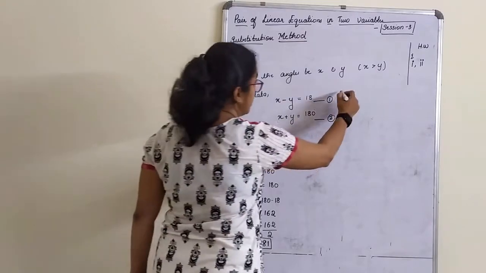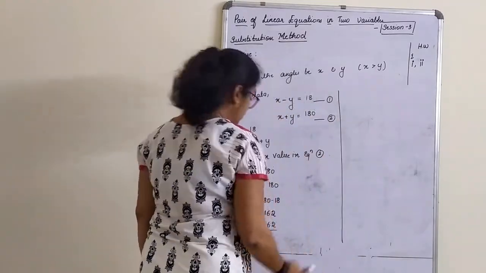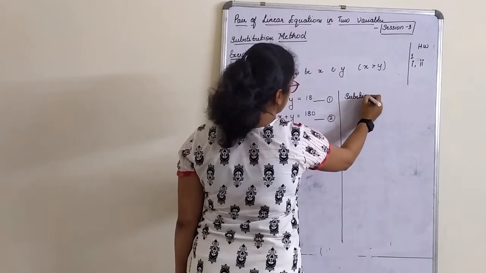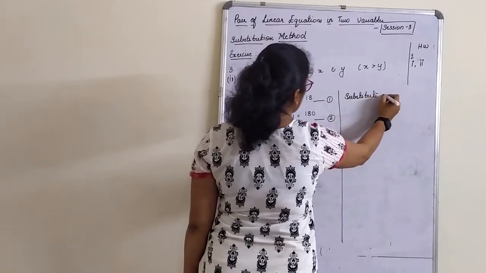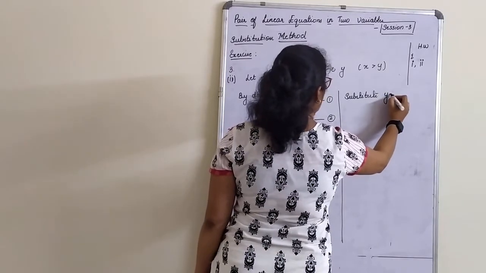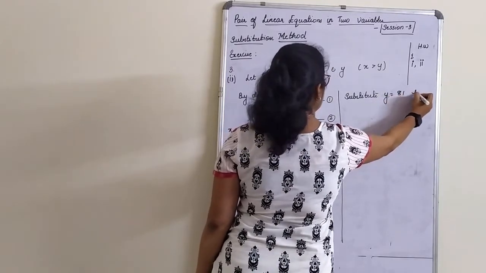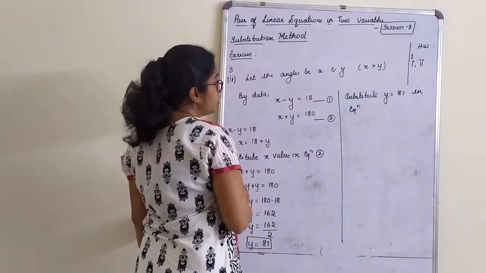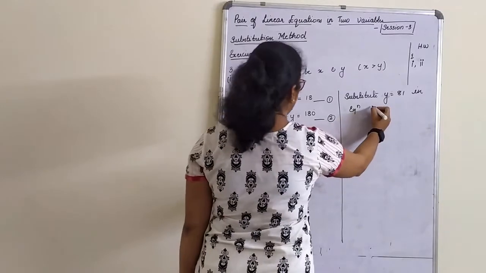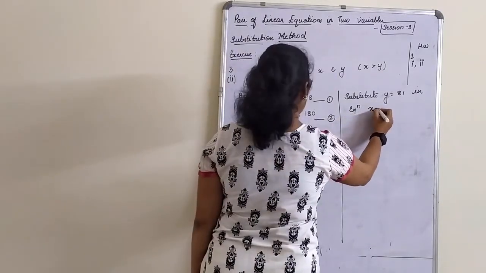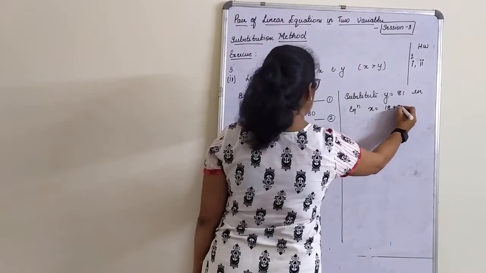Okay. So first angle we found out. Let us find the second. Substitute y is equal to 81 in an equation. Which equation do you want? Any equation? First one? Okay, we'll choose the equation x is equal to 18 plus y.